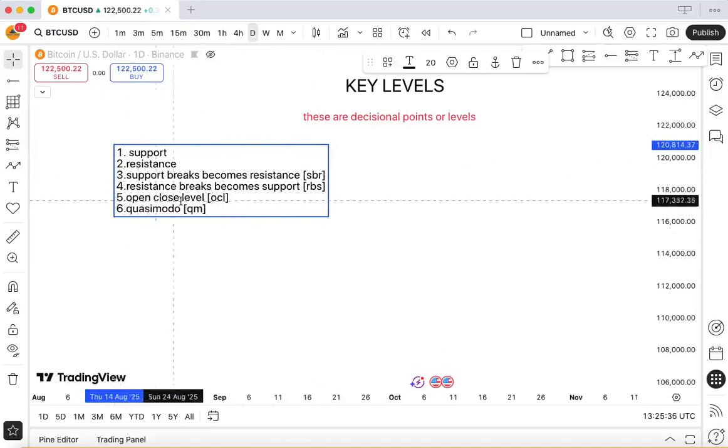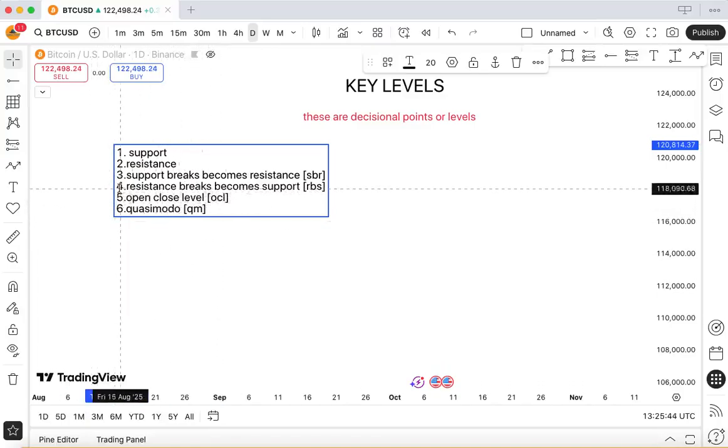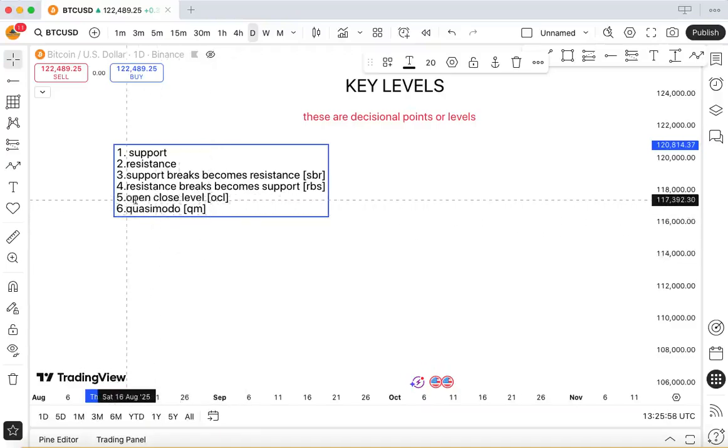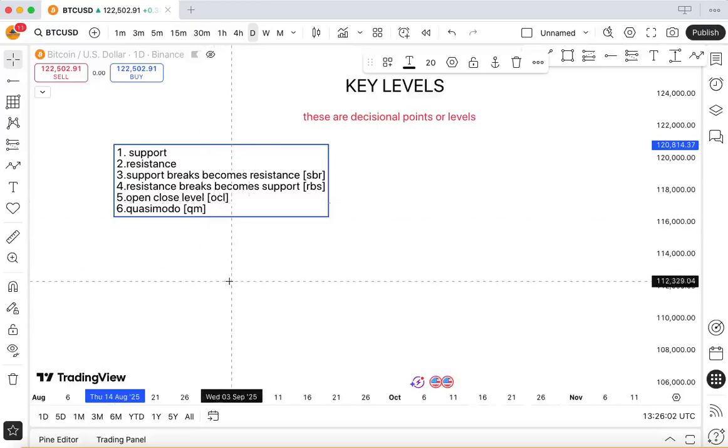So we have the open close level. It is a combination of two candles, and they are all of the same color, or they are heading in the same direction. Maybe both of them are bullish candles. They can be bearish candles, but both of them are of the same nature.